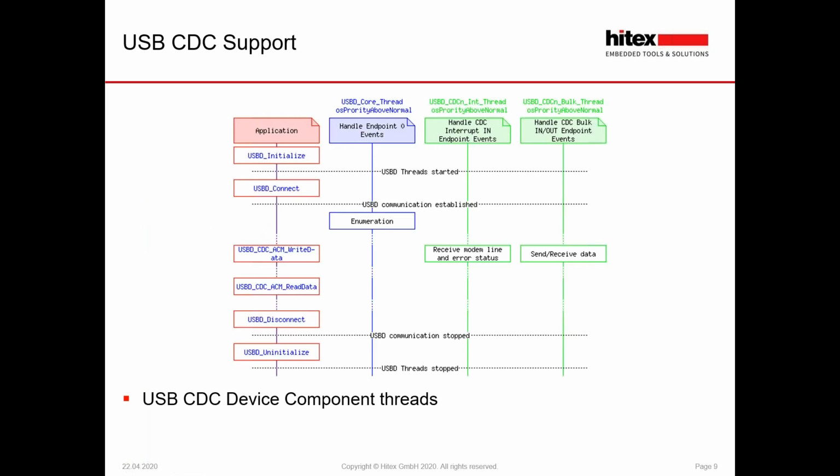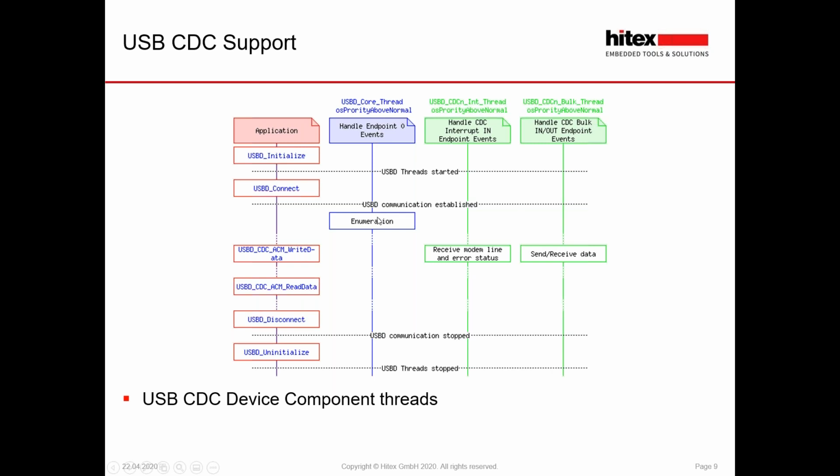When we are using the CDC device, we will have our application software, which will initialize the USB stack. We can then connect. This makes the peripheral active and also connects the pull-up pin, so the PC or the host can see that there's a new USB device connected. It will then go through enumeration, which will be handled within the USB stack.